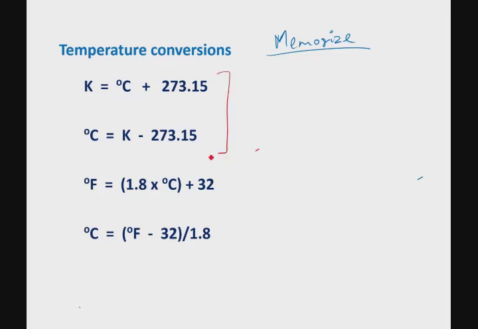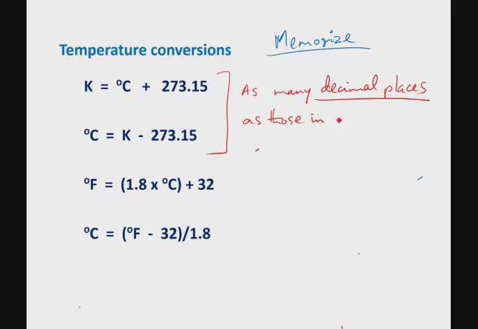When it comes to converting between degree Celsius and Kelvin scale, where the only mathematical operation is either a plus or a minus, we will give the answer in as many decimal places as those in the temperature converted. So we'll use the temperature given, the temperature that is being converted, as the guideline.